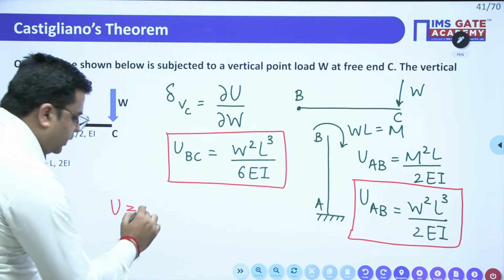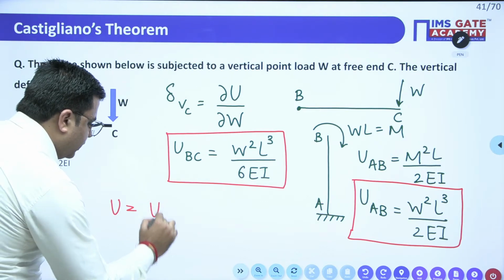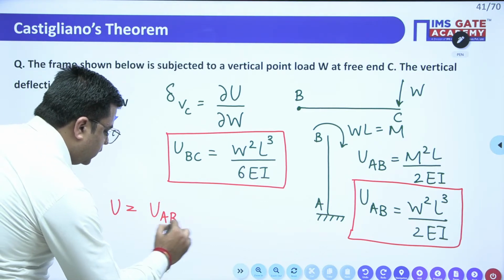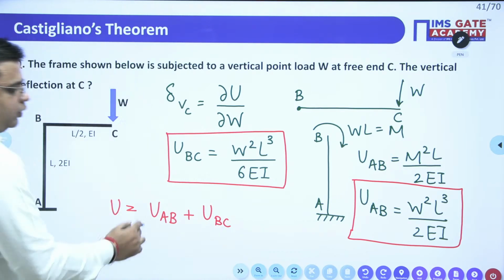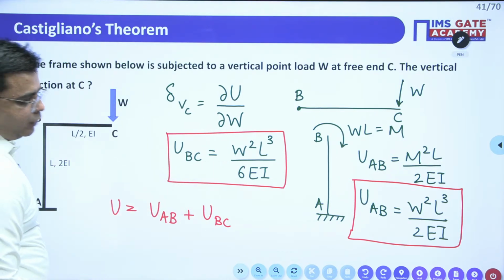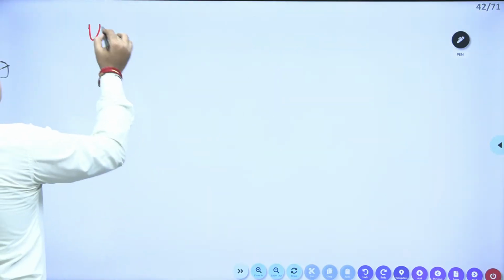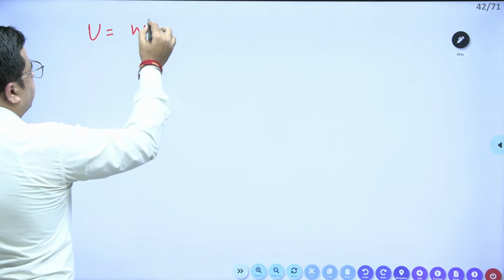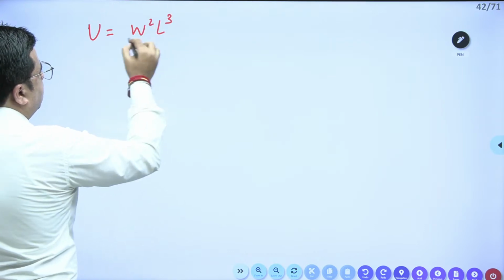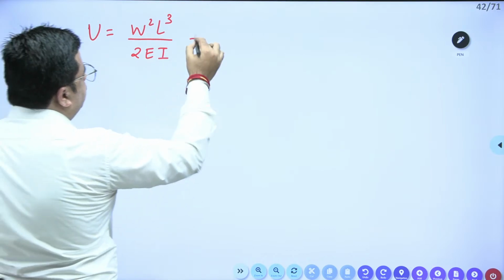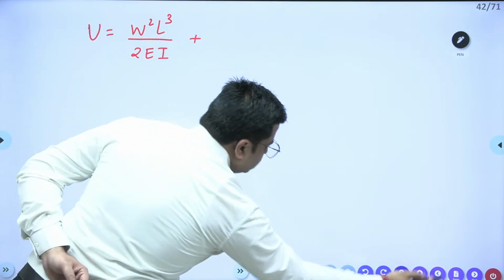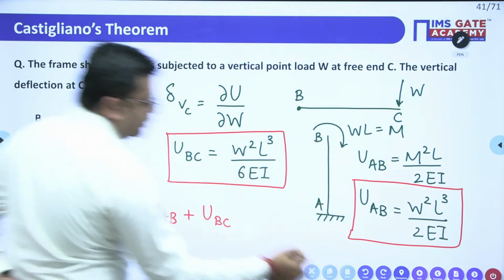UAB is W square L cube upon 2 EI, plus UBC is W square L cube upon 6 EI.